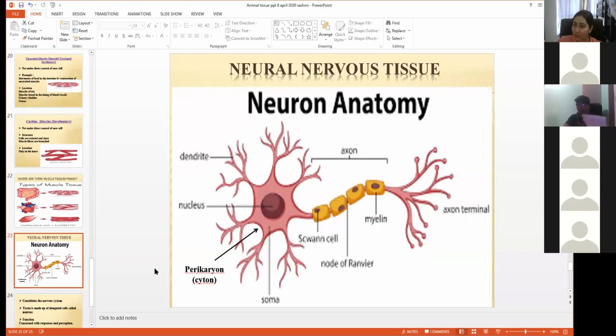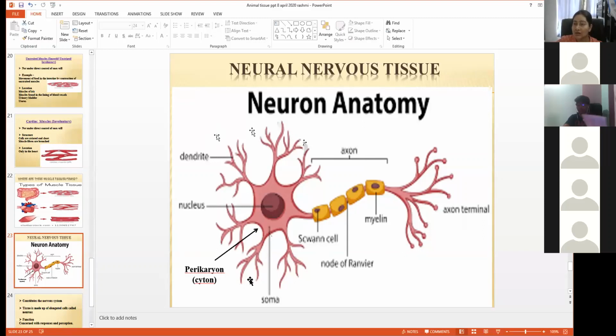But what is new here? The new part is the perikaryon or cyton. What do you mean by a cyton? Now, students, this entire structure, the structure which has the dendrites and the nucleus, this entire body is called the cyton.